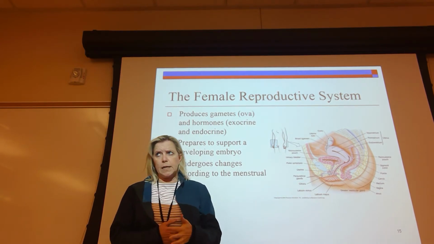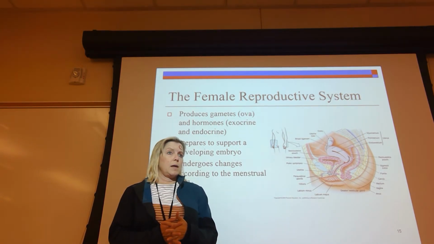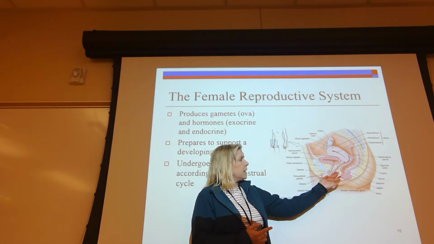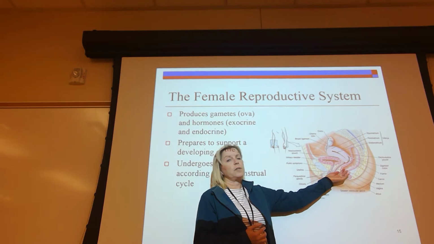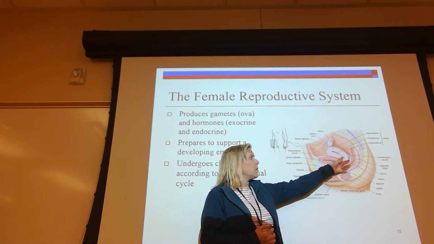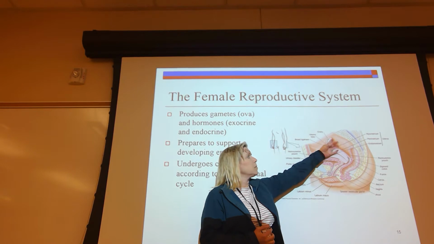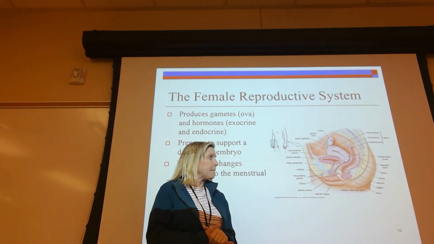Women are more likely to be afflicted with that than men because our genitalia is so close to the external environment, it's easy for infections to go up through the vagina, through the uterus, out the uterine tubes, and into the peritoneal cavity.